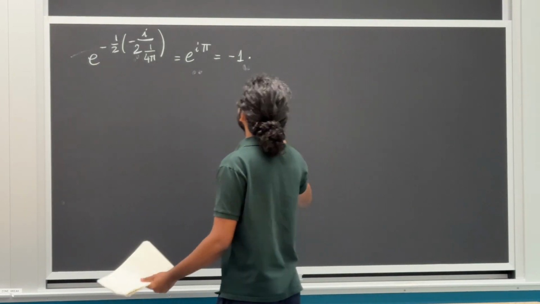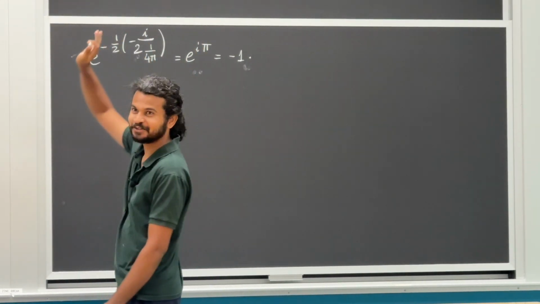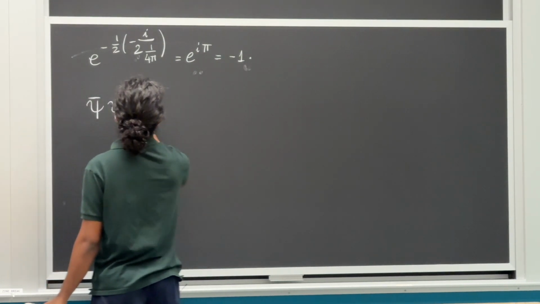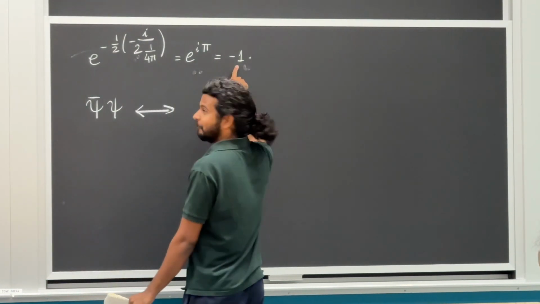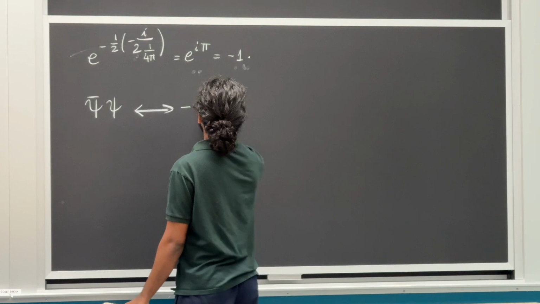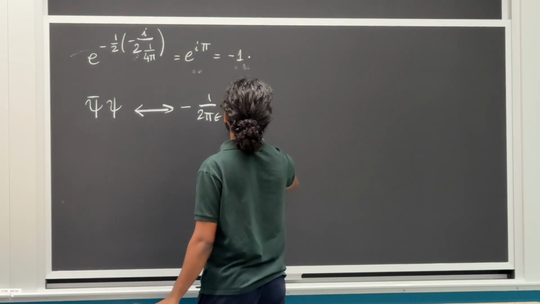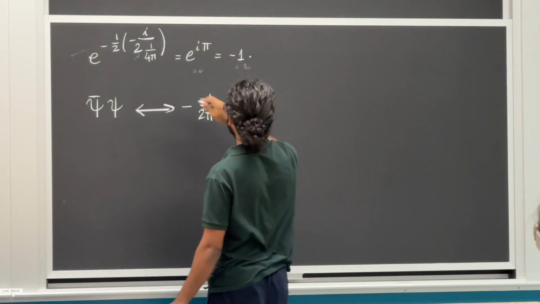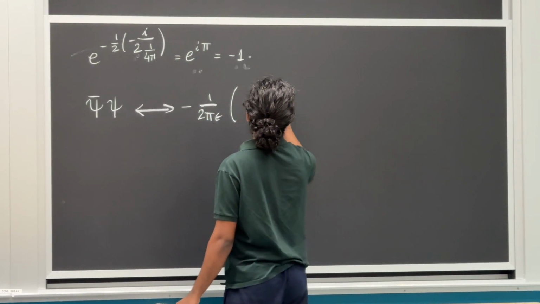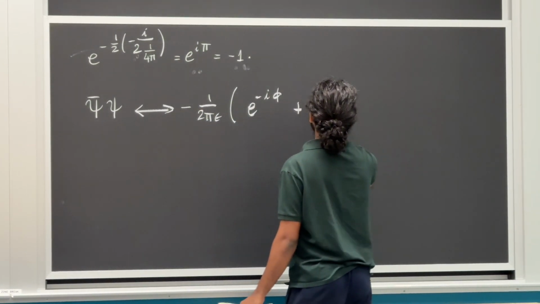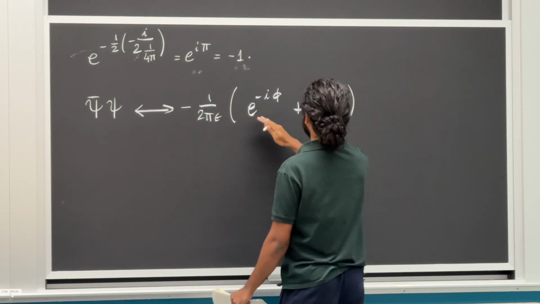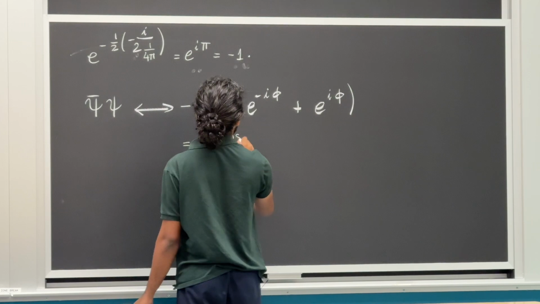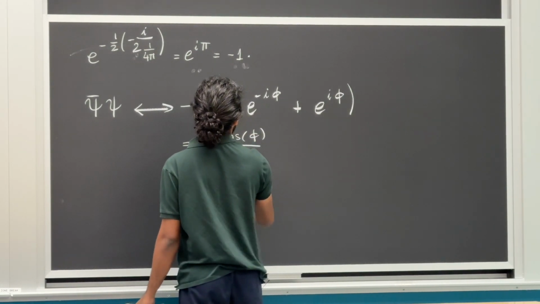So the ultimate point I want to make, the physics point, is that psi bar psi maps to minus 1 by 2 pi epsilon times phi e to the minus i phi plus its complex conjugate, which is e to the i phi, and this is nothing but cosine. It's equal to minus cosine phi by pi epsilon.